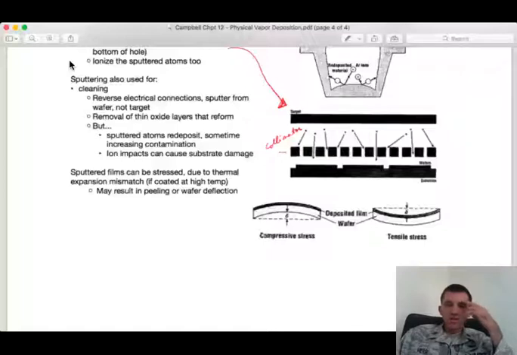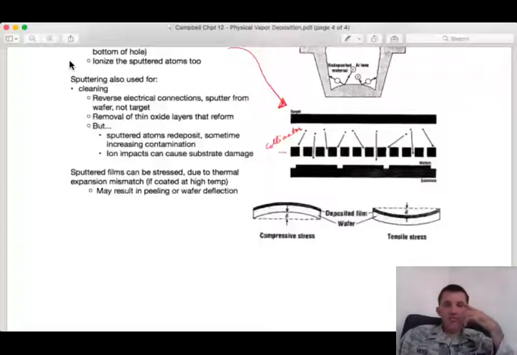So if it's exposed to air at all, you'll have a thin oxide layer. And you may not want to deposit metal right on top of that oxide layer, so you can use the sputtering, just by reversing the electrical connection, to sputter that oxide layer off before you deposit.